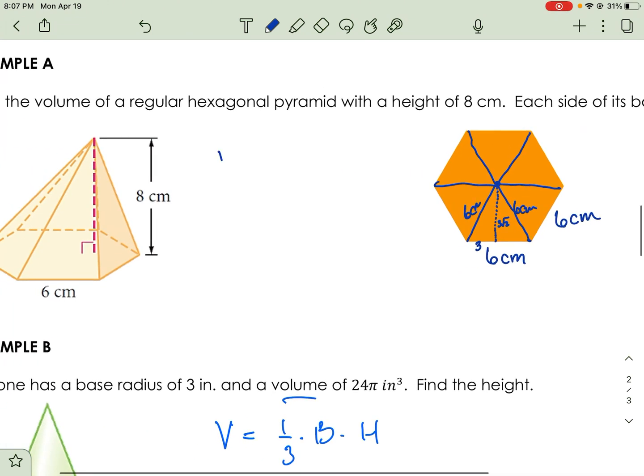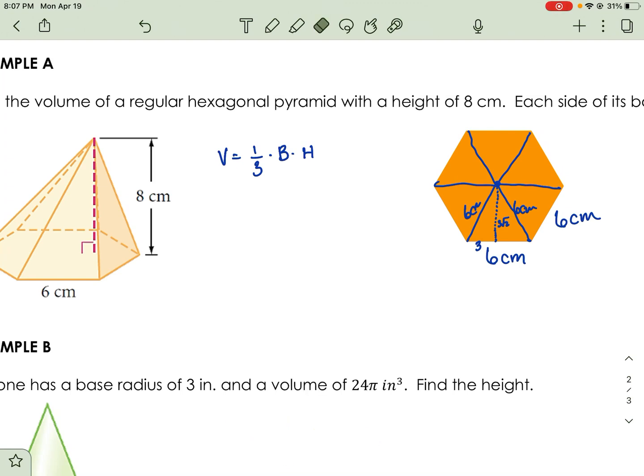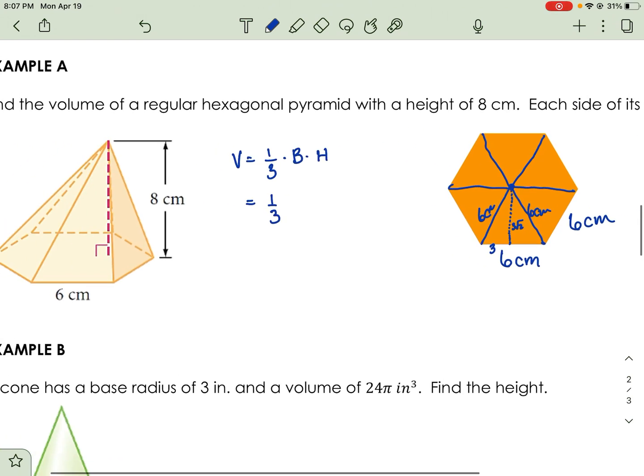And we know that the volume of a pyramid is equal to 1/3 times the area of the base times the height. So the area of the base is 54 square roots of 3, so 1/3 times 54 square roots of 3 times the height, which in this case is 8.